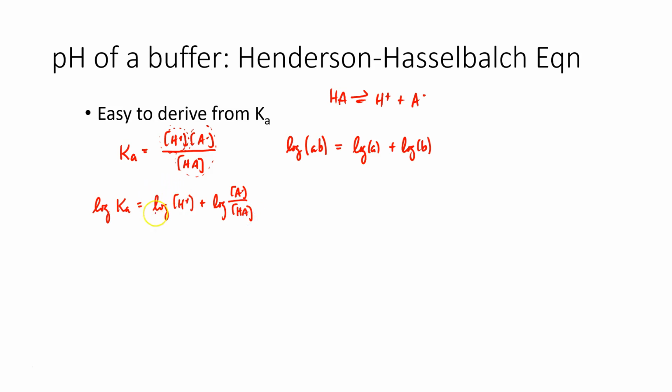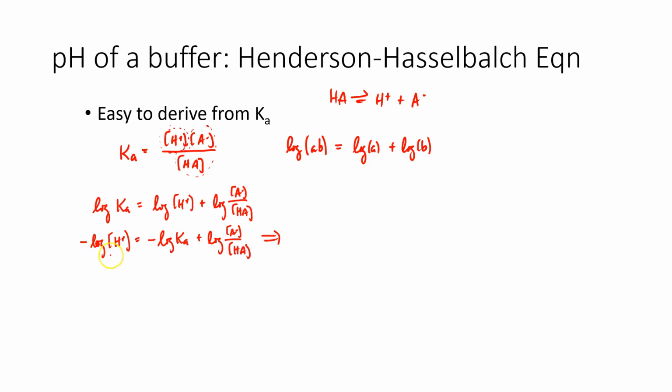And since we're solving for pH, maybe we should subtract the log of H plus from both sides and isolate it. So the negative log of H plus, if I subtract the log of Ka from both sides, equals the negative log of Ka plus the log of A minus over HA.